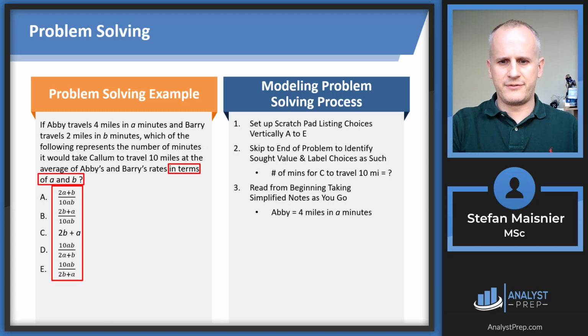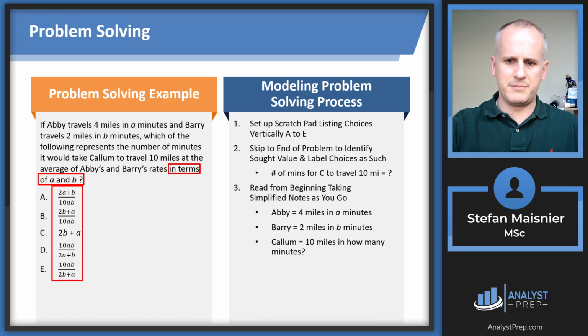So we learned that, of course, Abby travels 4 miles in A minutes, so we take that note. And Barry travels 2 miles in B minutes, another note. And then we've got back to the question, which is, which of the following represents the number of minutes it would take Callum to travel 10 miles at the average of Abby and Barry's rates in terms of A and B. So Callum equals 10 miles in how many minutes?